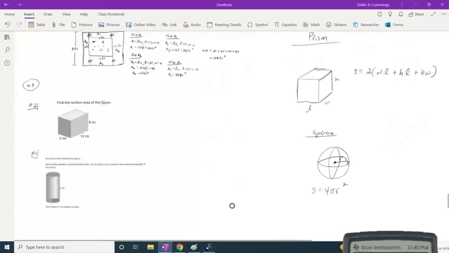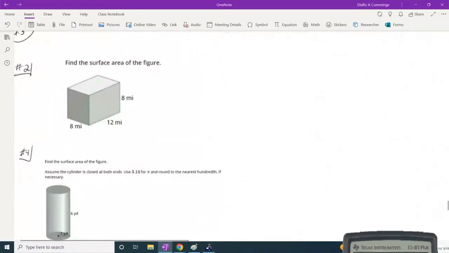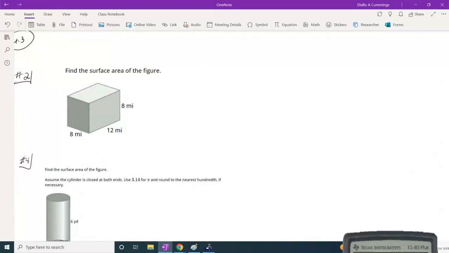All right, so let's take a look at some examples. The first is problem number 2. And it just says find the surface area, and this is a prism. So we're going to use the formula for the prism, which is A is equal to 2 times W times L plus H times L plus H times W. I'm going to substitute L for 8.